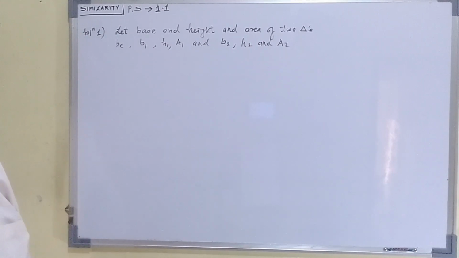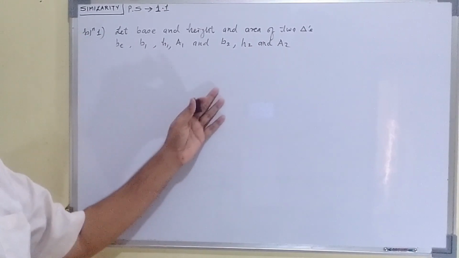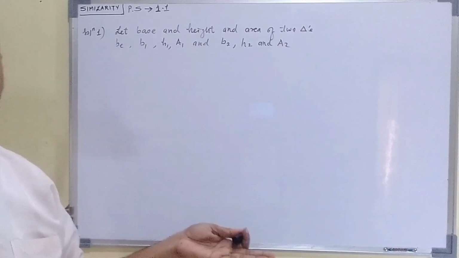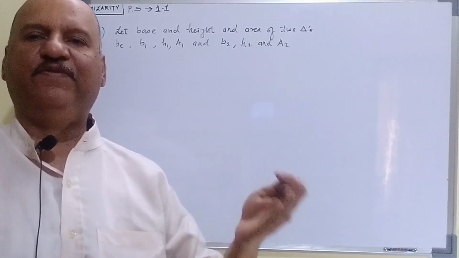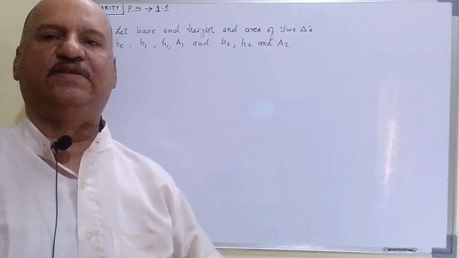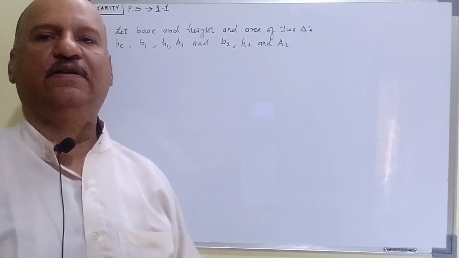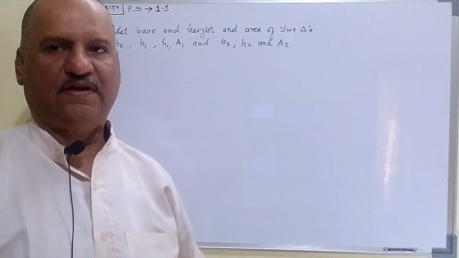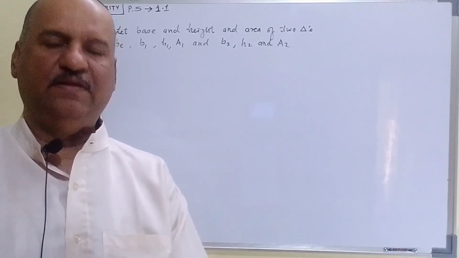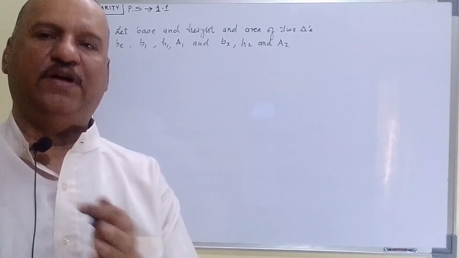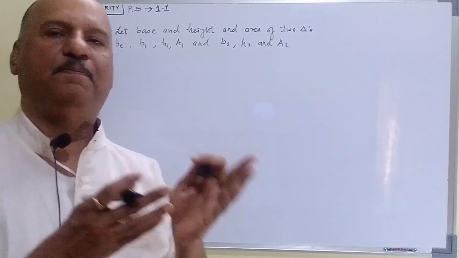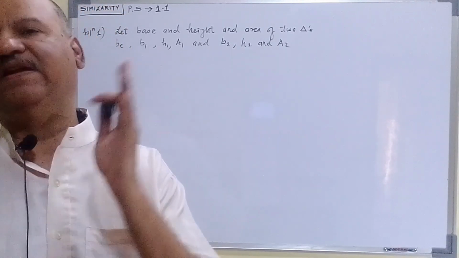We assume these because they are not giving us anything about the two triangles. So B1 is the base of the first triangle, H1 is the height of the first triangle, A1 is the area of the first triangle. Then similarly B2, H2 and A2 are the base, height and area of the second triangle.